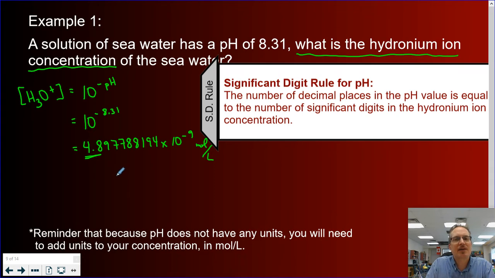I'm going to say that again. Since decimal places in pH are the only ones considered significant, we have 2 decimal places in this pH. Therefore, we are going to have 2 total significant digits in my hydronium ion concentration. So I'm going to record this as 4.9 times 10 to the negative 9 moles per liter.